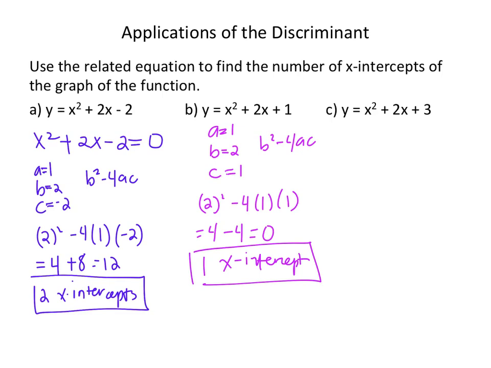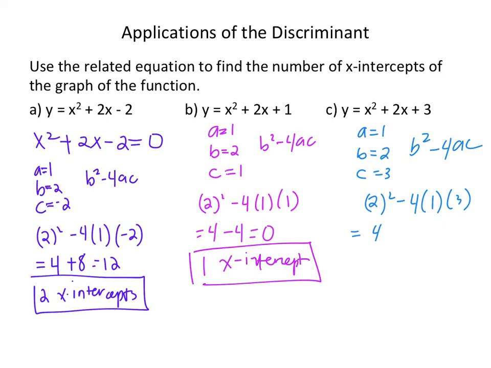Looking at this last one, I have a is equal to 1, b is 2, and c is 3. Again, b squared minus 4ac. We have 2 squared minus 4 times 1 times 3. 2 squared becomes 4.